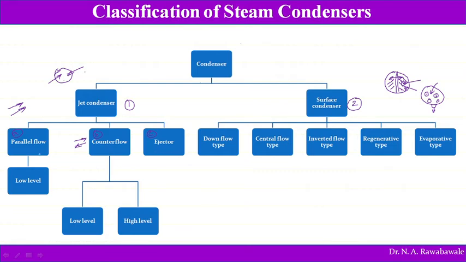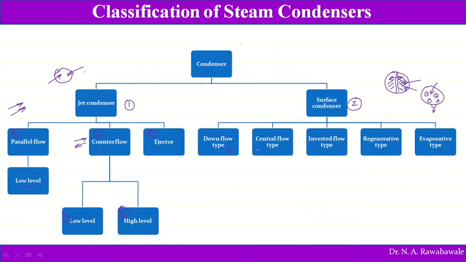Then the parallel flow type is again classified as low level and high level. The counterflow jet condenser is again classified into two categories: the low level counterflow jet condenser and the high level counterflow jet condenser. Then the surface condenser is classified as downflow type, meaning the flow of steam is in a downward direction.